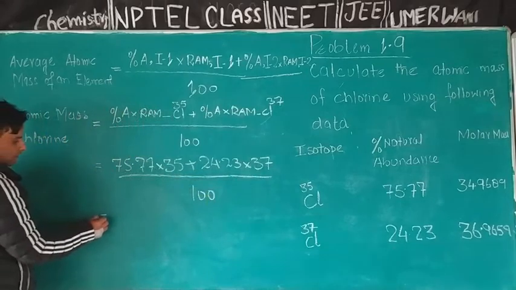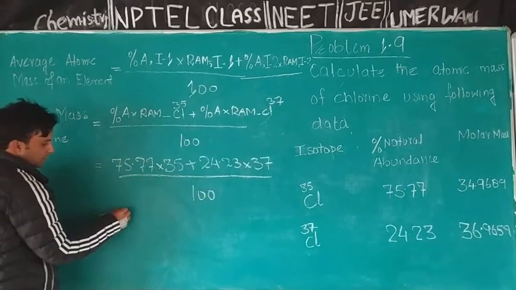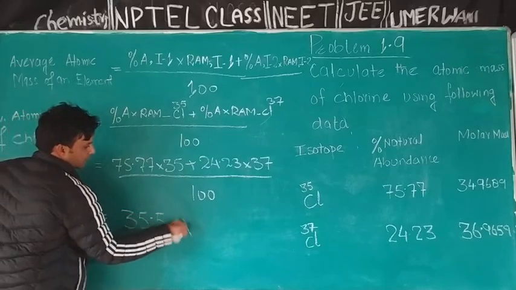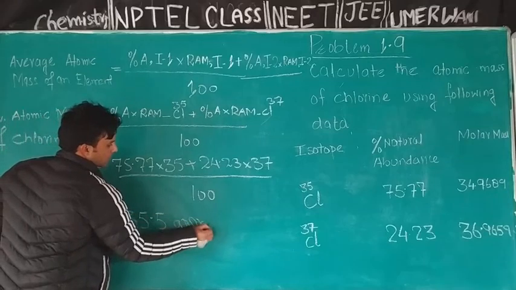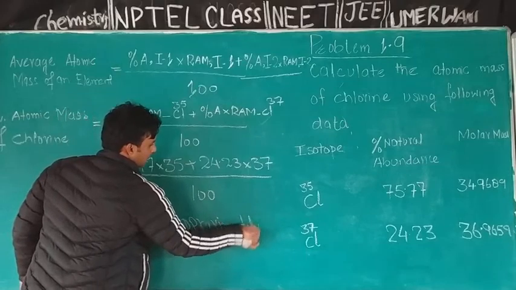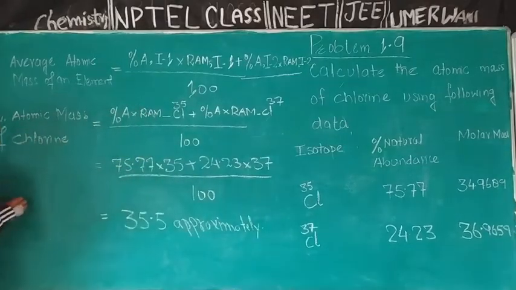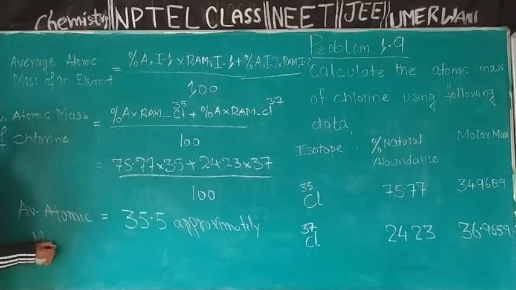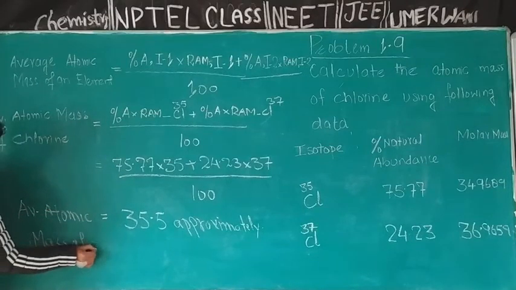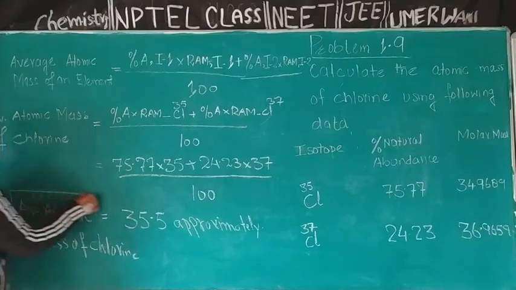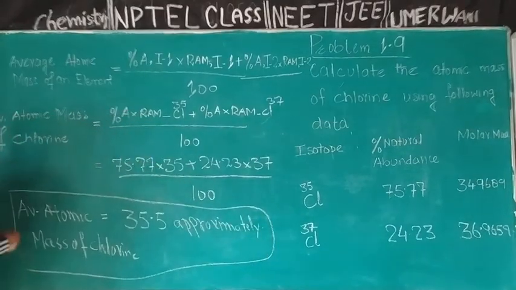I have already evaluated this right-hand side, and it comes out to approximately 35.5. So the average atomic mass of chlorine is equal to 35.5.